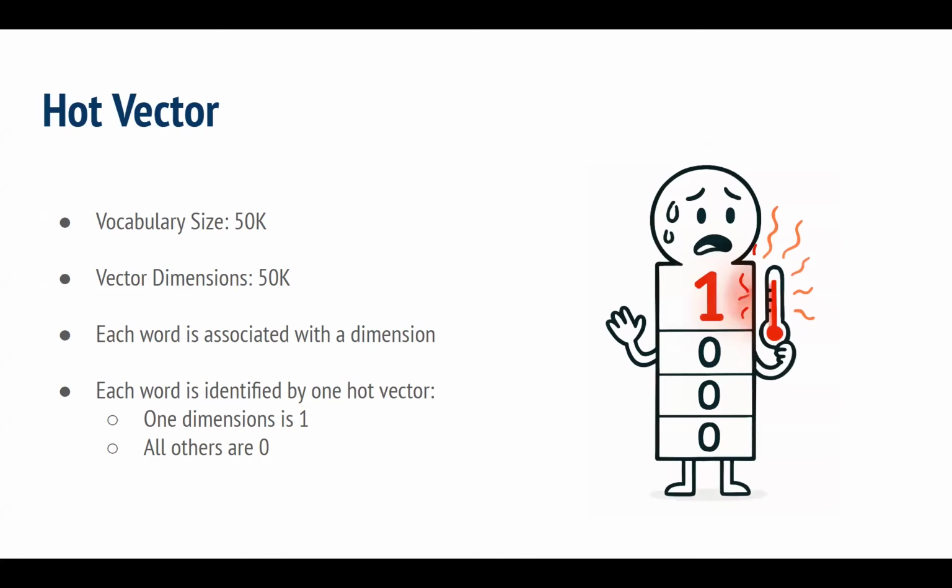If we have 50,000 words in our vocabulary, that means we will construct a vector of 50,000 dimensions, and each word is associated with one dimension. So each word is represented by one unique vector where the associated dimension is one, and all the other dimensions are set to zero.